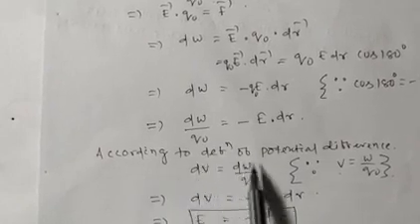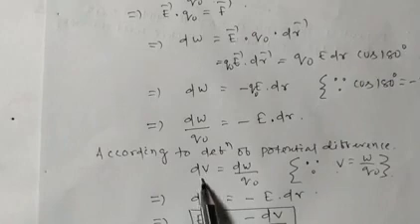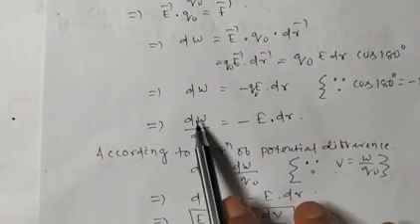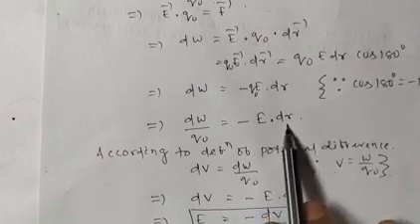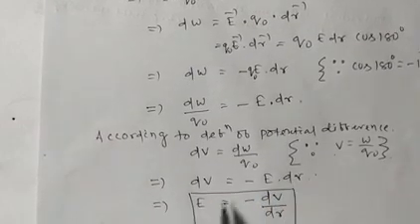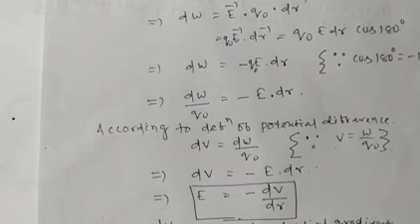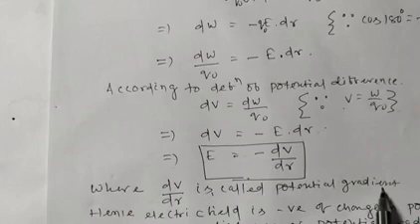According to the definition of potential difference, dV equal to dW by q0. So in place of dW by q0 I have applied dV. dV equal to minus E into dr. E equal to minus dV by dr, where this dV by dr is called potential gradient.